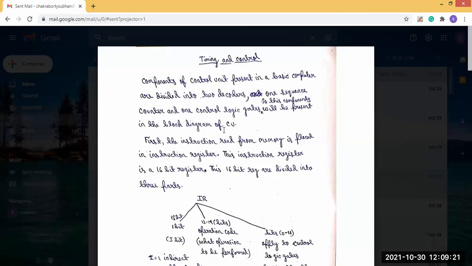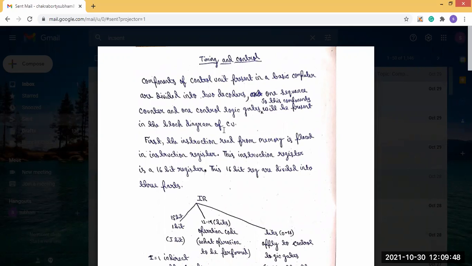So totally these components will be present in the block diagram of the control unit. When we draw the block diagram of the control unit, it consists of two decoders, one sequence counter, and one control logic gate.